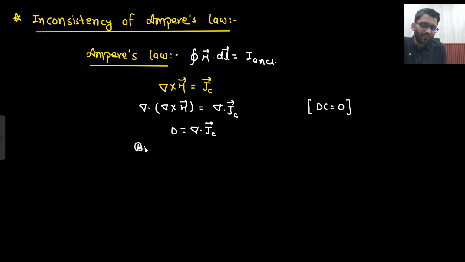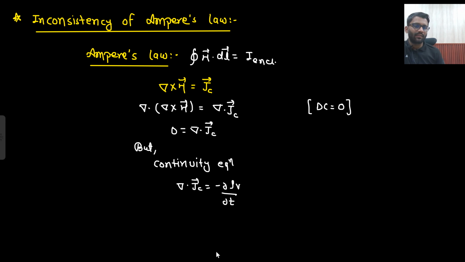But according to the continuity equation, did we study the continuity equation? What was the continuity equation saying? Del dot J was equal to minus dou rho V by dou T. Here del cross H was equal to JC.